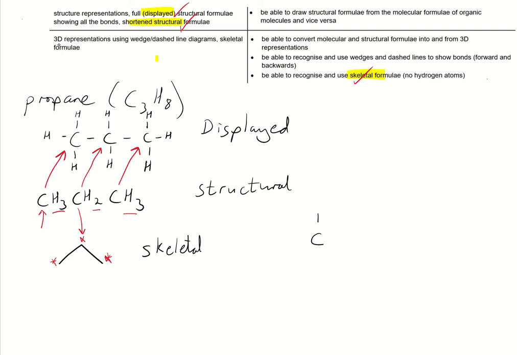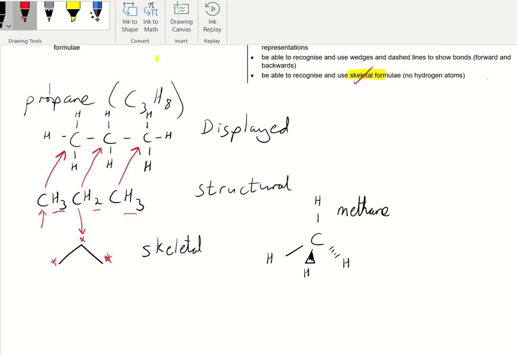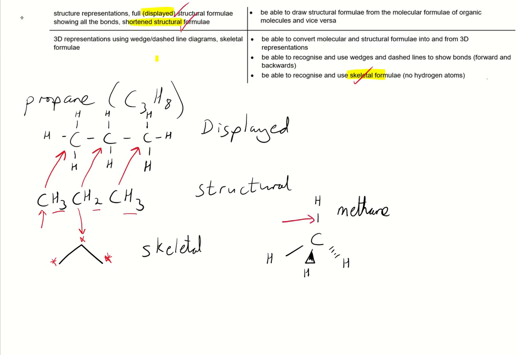If I just start off with methane, and there, then these two on the side, they are in plane, whereas this is behind and this one is sticking out in front towards you.